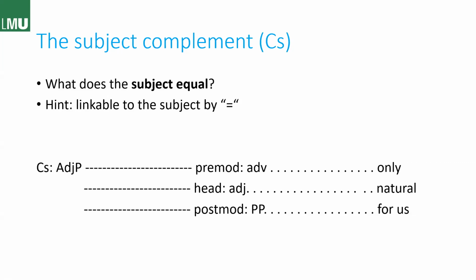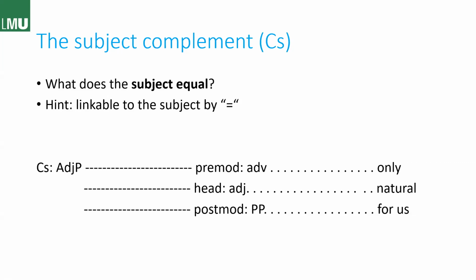Whenever you can do that, then you usually have a subject complement. And very often they are linked to the subject by a copula, so by to be, or by similar verbs, which you can always replace by equals, so that it makes sense, of course.